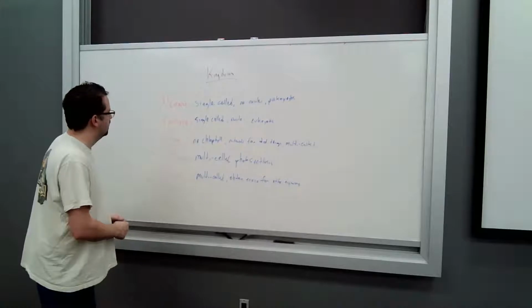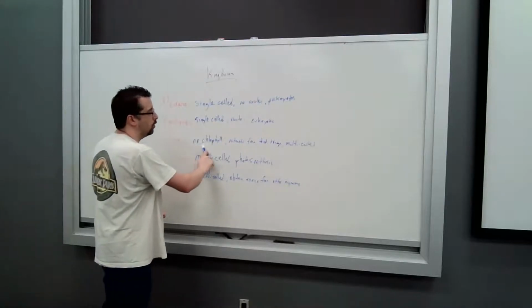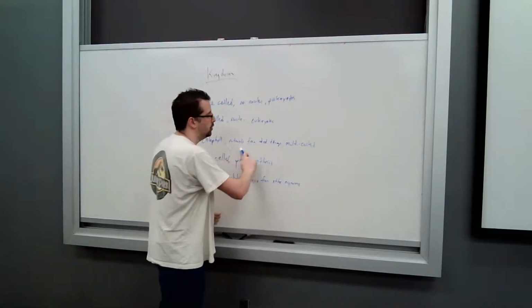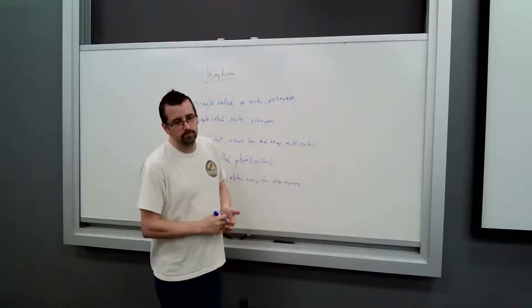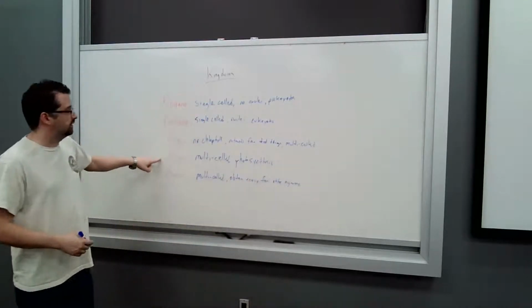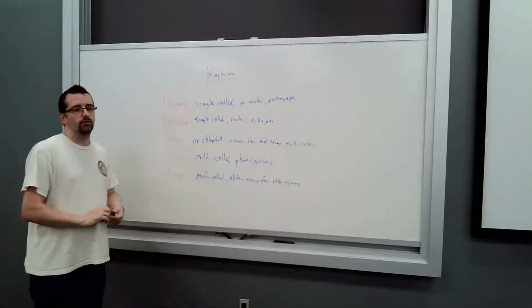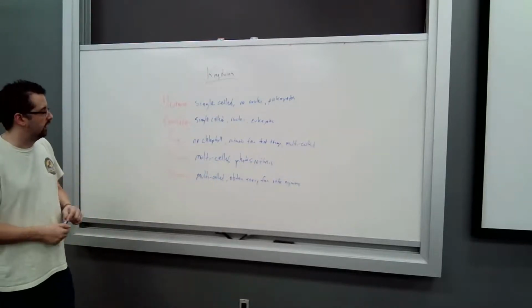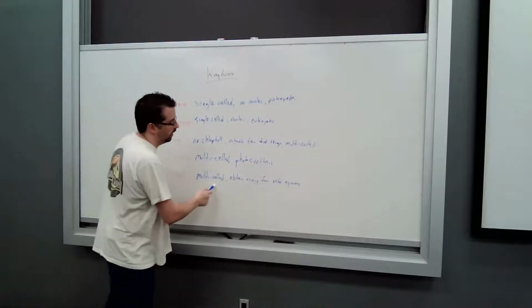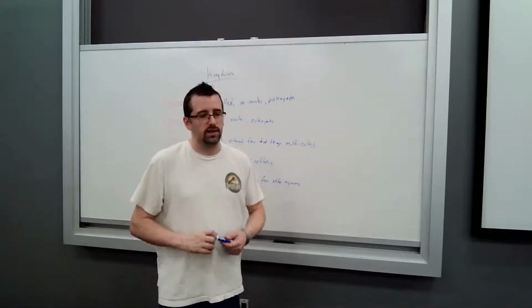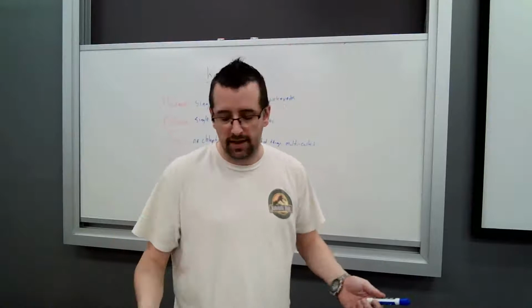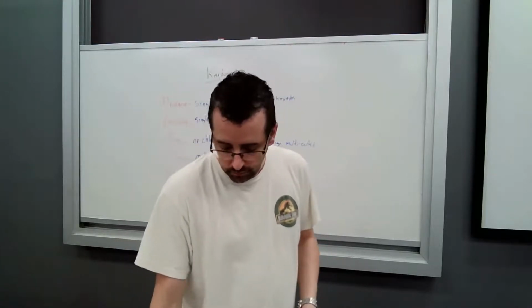Then we have fungi: no chlorophyll, they take their nutrients from dead things, and they're multi-celled. Then plants, which are multi-celled and get their food through photosynthesis. And animals: multi-celled, we obtain our energy from other organisms. We have to eat things.